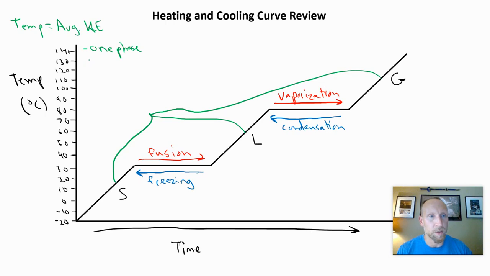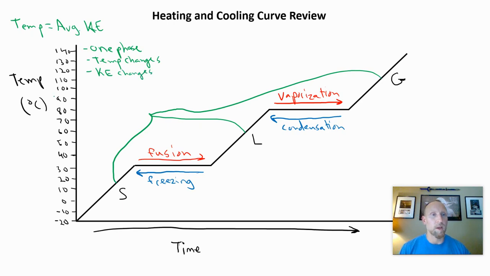So what's happening here is, if we're moving up the heating curve, we're going this way. As we move up, or as we go down, our temperature is either going up or down. So when we're in a single phase, our temperature changes. Right? And if our temperature changes, remember what temperature measures? Average kinetic energy. So if our temperature is changing, that means our KE changes.